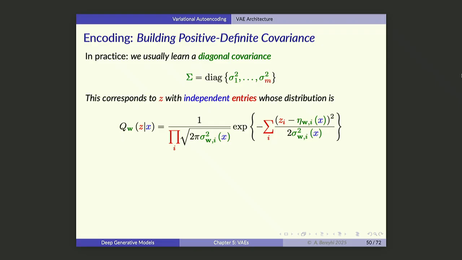So this is what we do in practice. In practice, we don't really learn the complete matrix sigma. We just learn m different non-negative values, essentially positive values, right? You think of them to be variance of every single dimension.